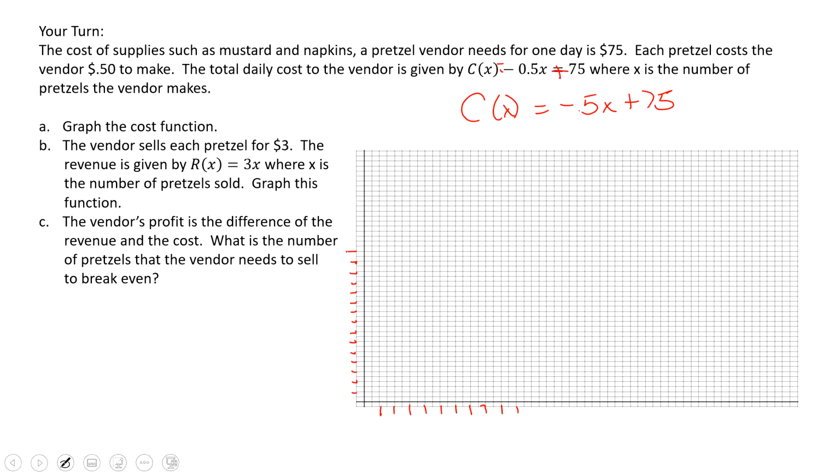So if I do every 2 bars of 5, that makes that 15, which is my y-intercept. That's gonna be my 75. This should be positive.